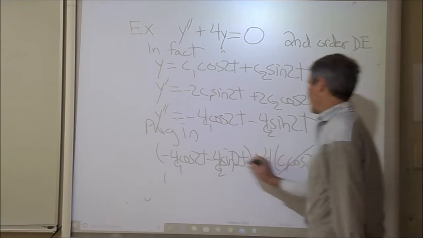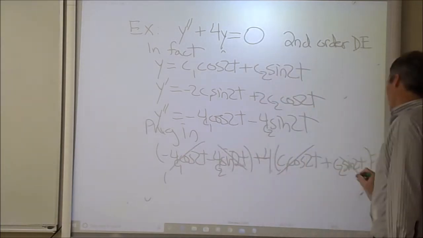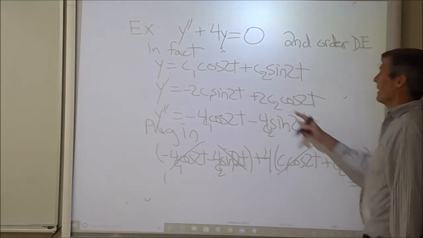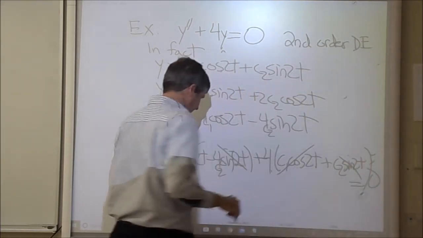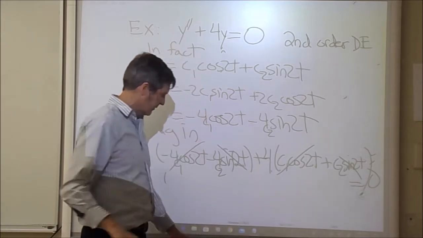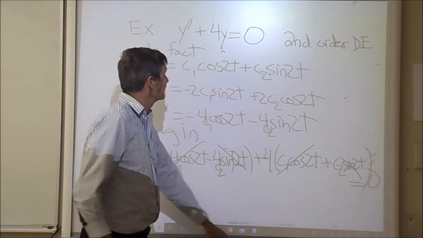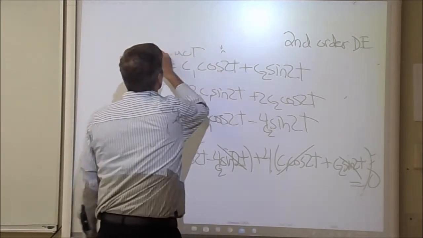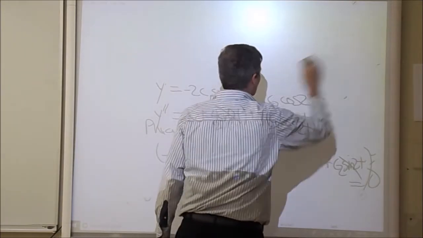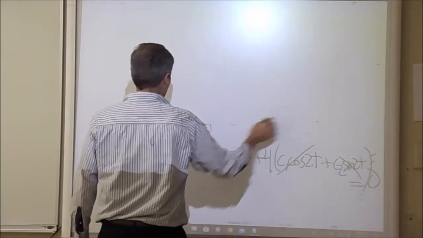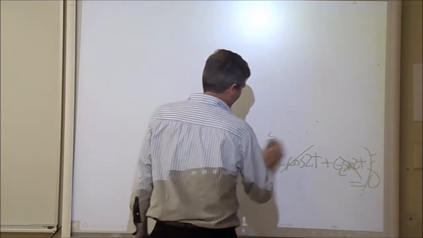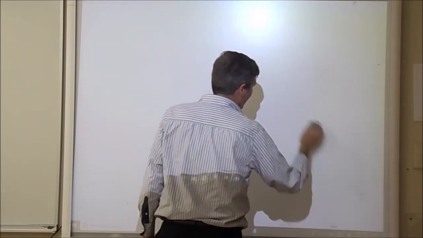This one cancels this one, cancels this one, and you get 0. Any function of this form is in fact a solution. These things tend to have an infinite number of solutions in general. But that's how you test to see something's a solution. Just plug it in and see. And it may have an arbitrary constant and still be a solution.